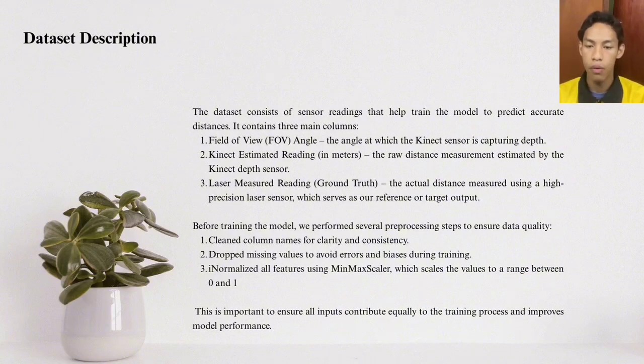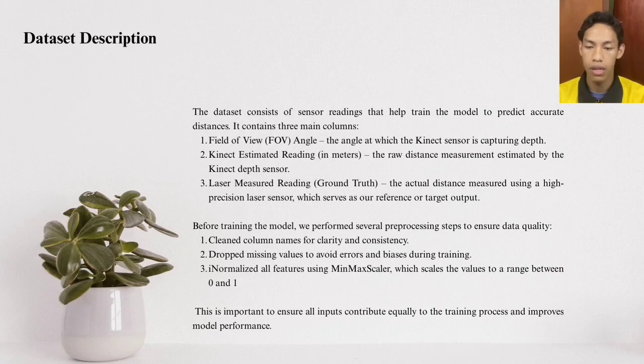Before we train the model, we perform several pre-processing steps to ensure the data quality. We have three things that we do. The first one is we clean the column names for clarity and consistency. The second one is we drop missing values to avoid error and bias during training.